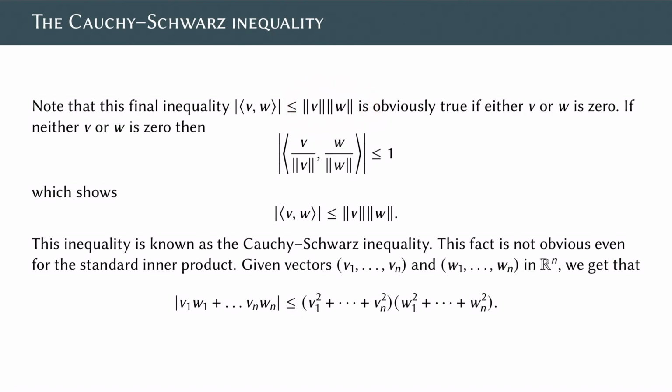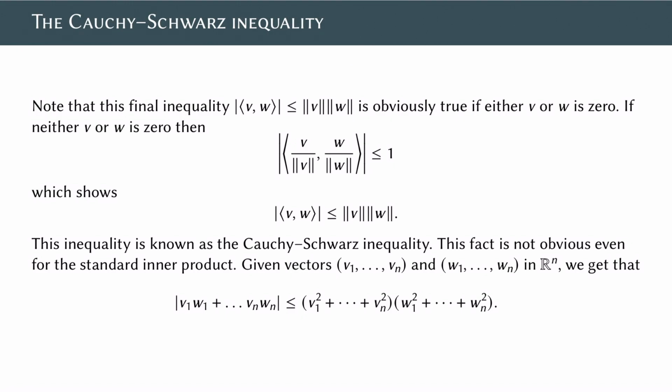This is true when v and w are unit vectors, that is, norm v equals norm w equals 1. Suppose one of these vectors were 0. If either v or w is 0, then observe that the right hand side will be immediately 0, because the norm of a 0 vector is 0.